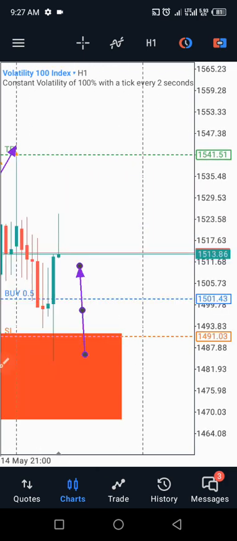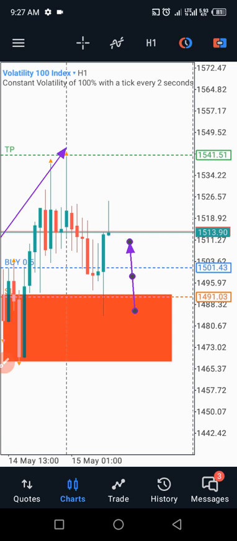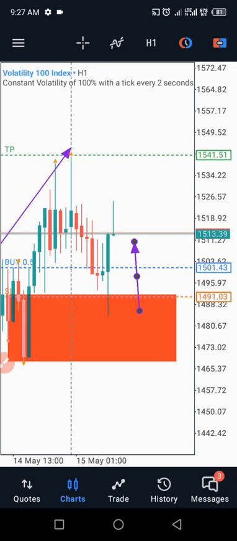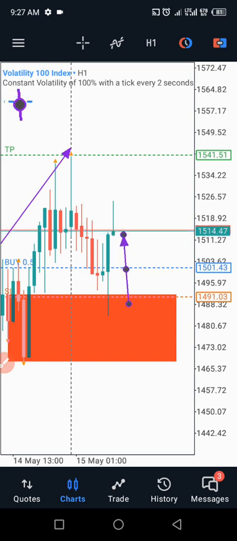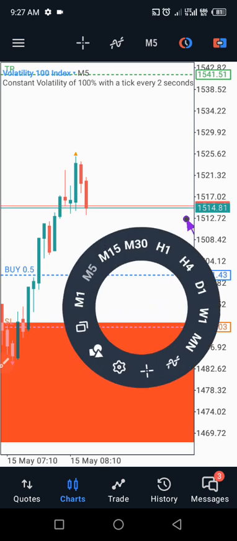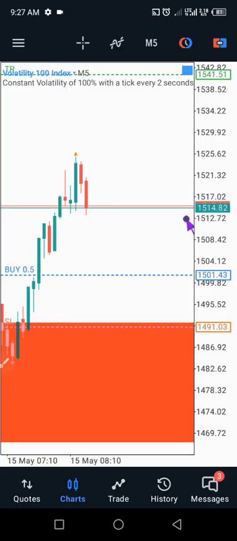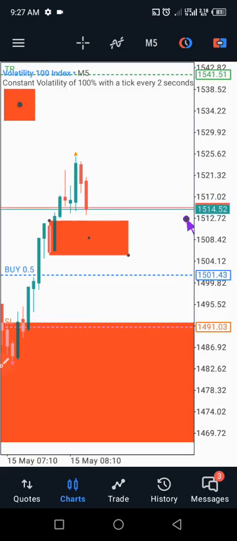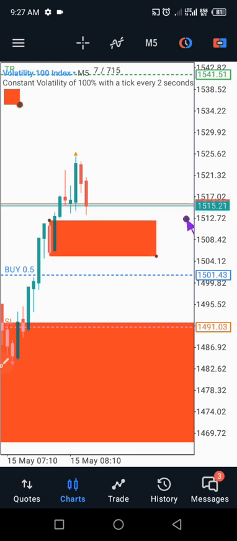So we've been able to enter this trade already. Now the next thing we want to do is to see that price is kind of rejecting now. I don't know, maybe it's coming to test somewhere on maybe the 5 minutes time frame. There's an order block here, so definitely price wants to test this order block at this particular level here. If price tests the order block, then it should start going up definitely.